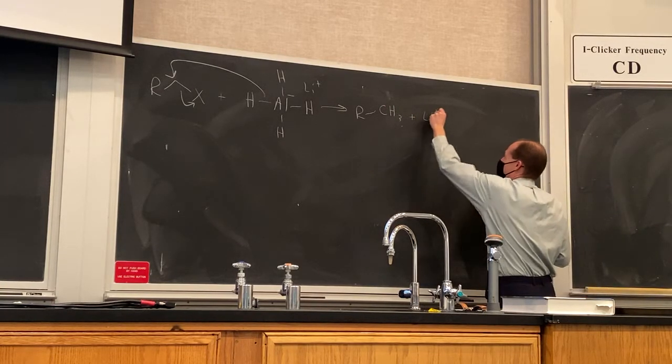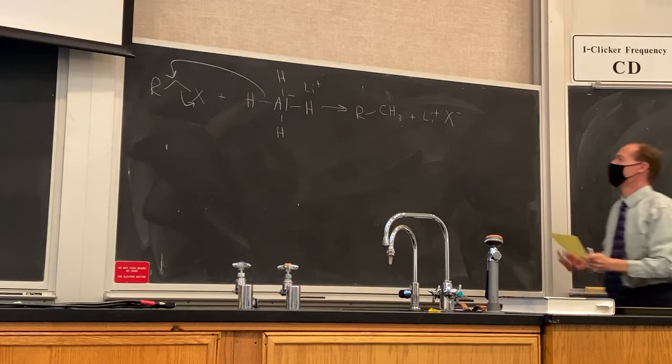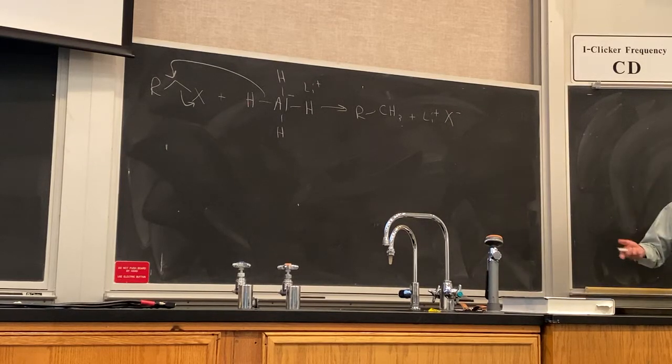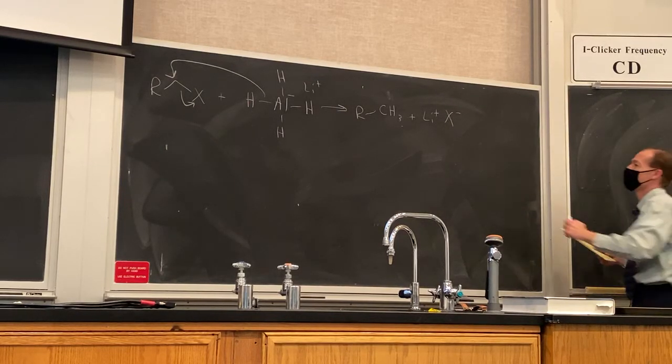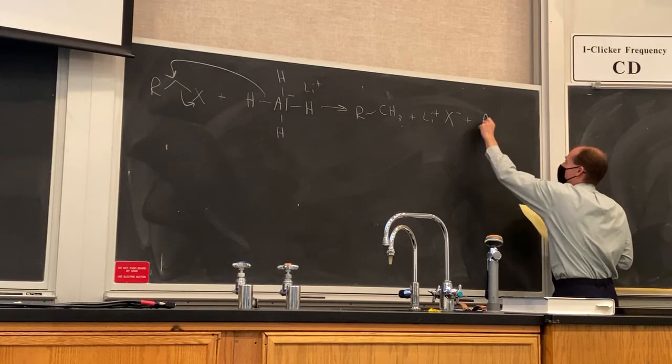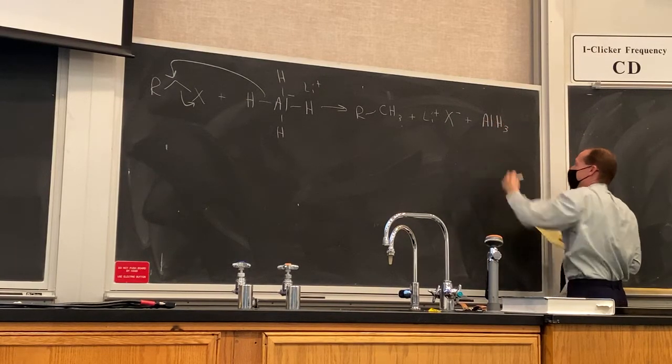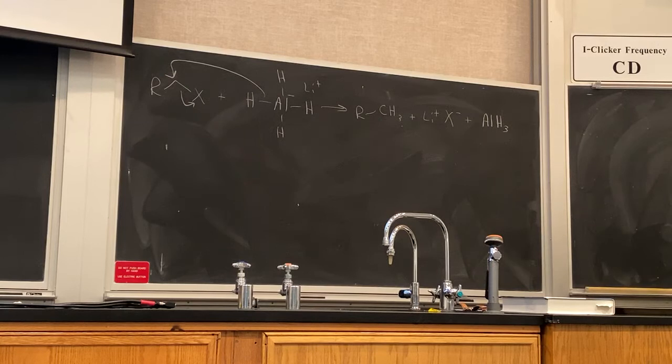We're going to get a salt with our lithium cation and our halide leaving group, or anion. And then we're going to form alane, or AlH3, as a byproduct. This is the thing that's flammable, so you want to make sure you destroy that with water at the end of the reaction. The lithium aluminum hydride is also flammable.